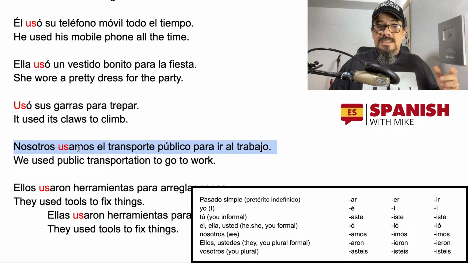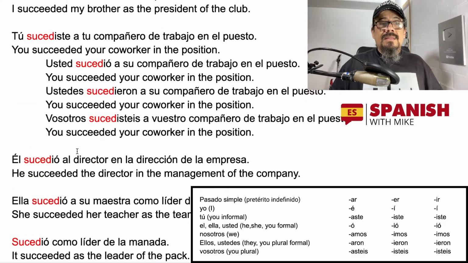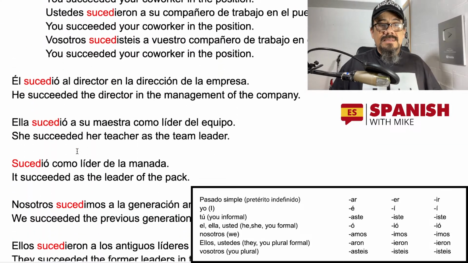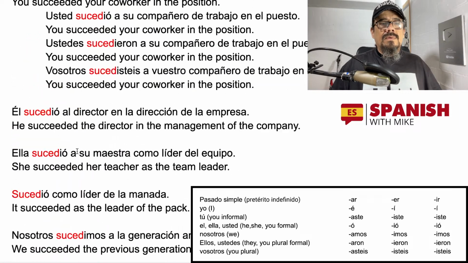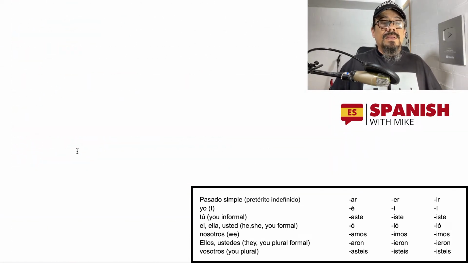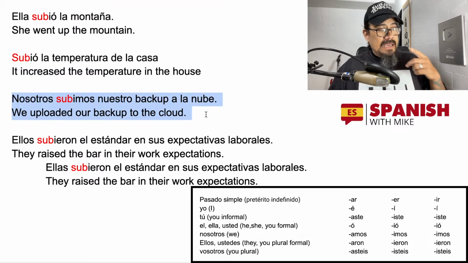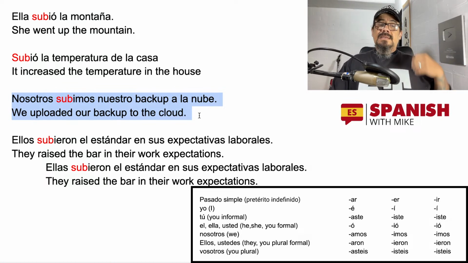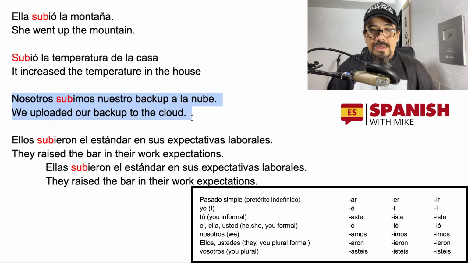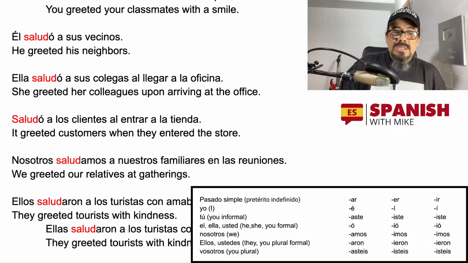Because the conjugation is the same for nosotros if the verb ends in ar. And I think the verb ending in er happens the same. Nosotros, oh no, ir. Ending in ir, subir: nosotros subimos. For verbs ending in ar and ir, the past and the present have the same conjugation. So those are things to keep in mind when we are doing this exercise.